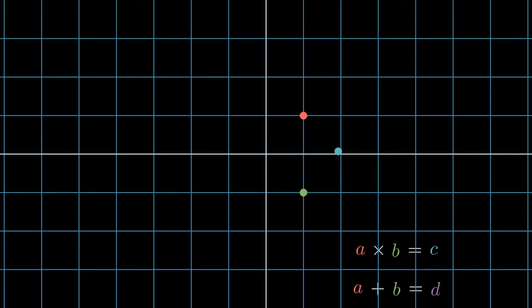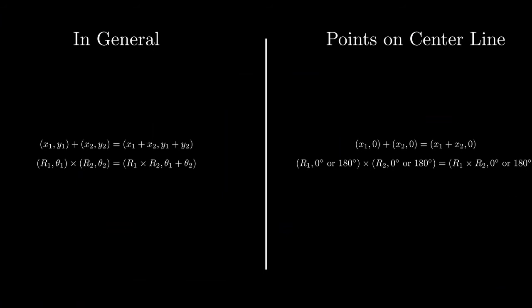Any points symmetrically above and below have equal and opposite angles, and thus when they're multiplied, they will collapse to the right-hand side. In fact, whether you're adding or multiplying, 2 points on this center line will never leave.